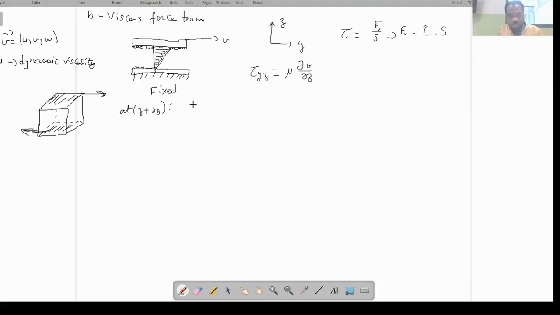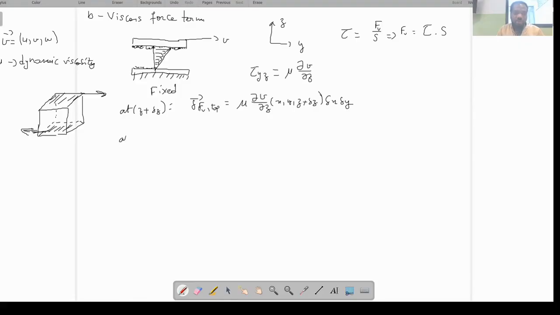the viscous force delta F_V on the top face equals mu partial v over partial z evaluated at x, y, z plus delta z, times delta x delta y.